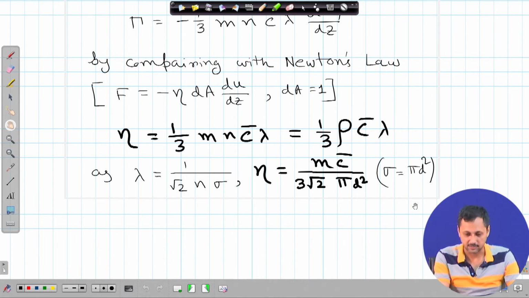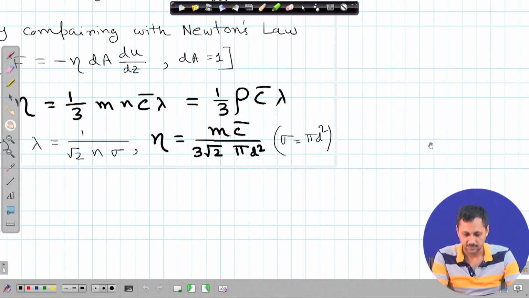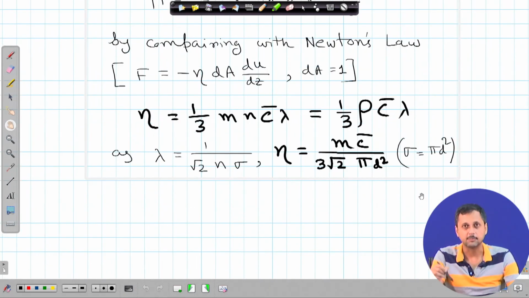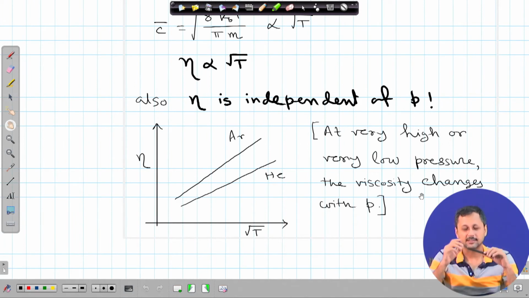So, this entire expression is derived keeping in mind the hard sphere approximation. If the hard sphere approximation breaks, then the T dependency of eta changes from root over T, right. So, that happens and that has been verified experimentally as well.